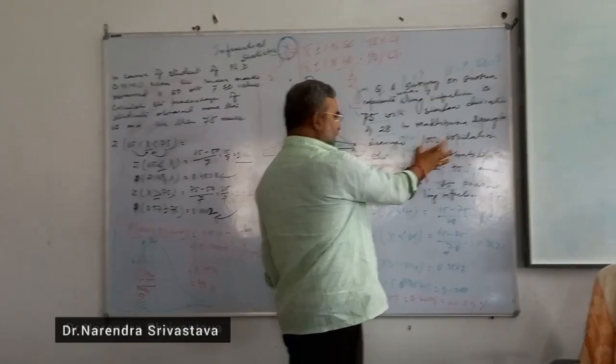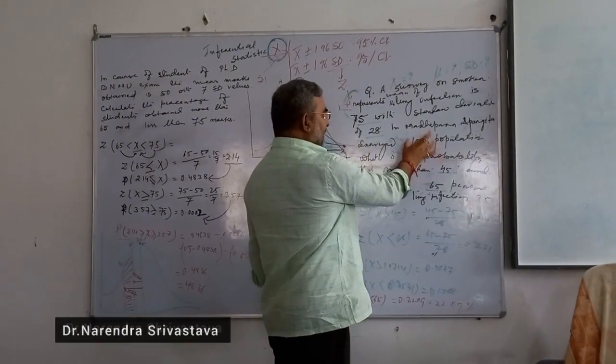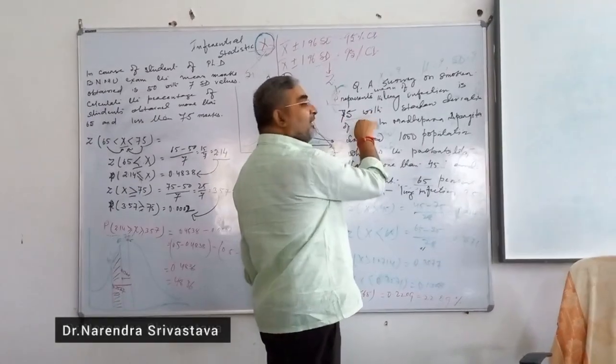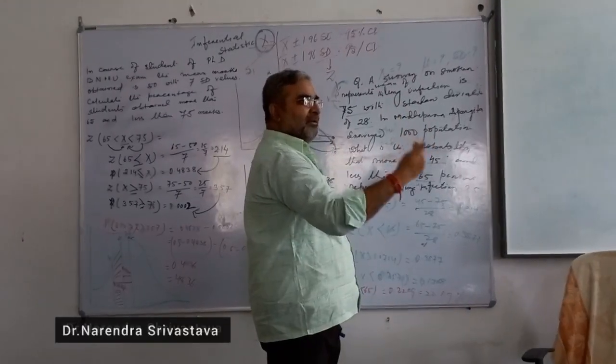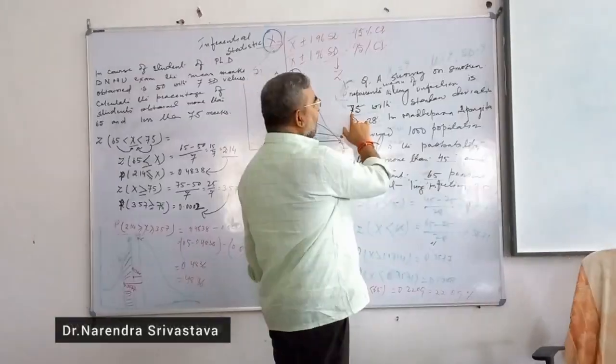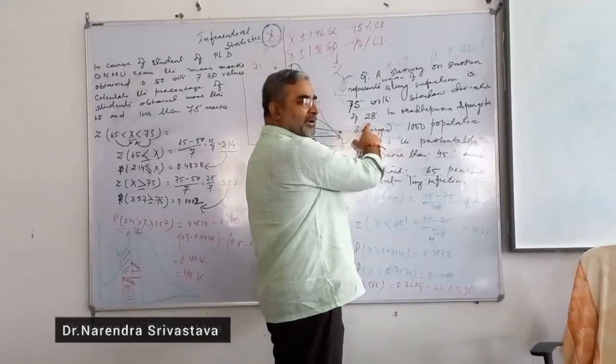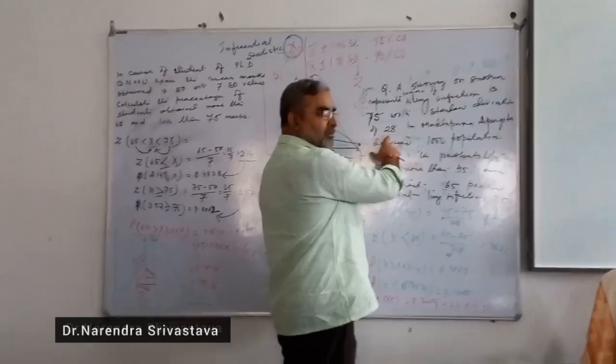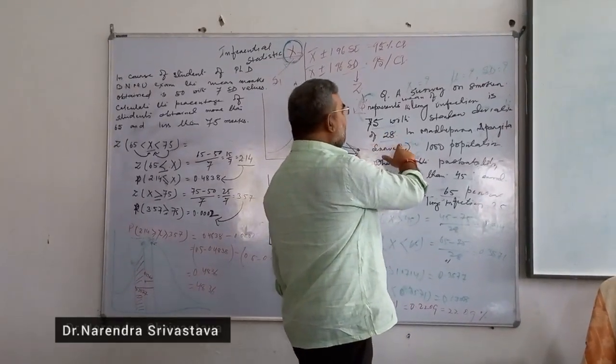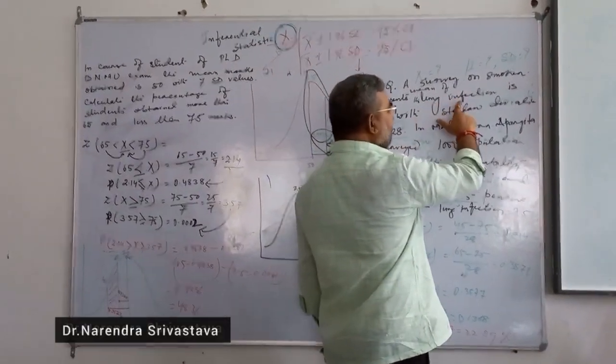And in the 1,000 population, the earlier survey represented a 75% mean value and a standard deviation of 28 for lung infection in smokers.